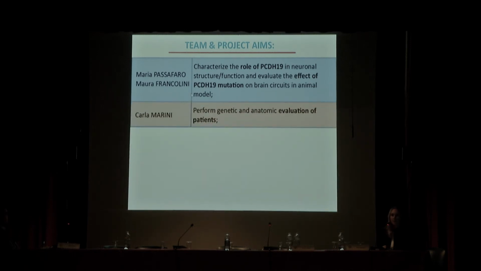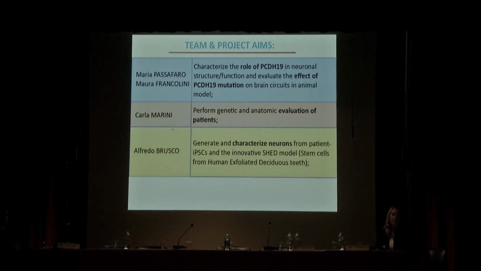The second task aims to perform genetic, neuropsychological, and neuroradiological evaluation of patients. This task is performed by Carla Marini's team. And the other one is to generate and characterize the disease-relevant cells from patient-induced pluripotent stem cells and the innovative stem cells from human exfoliated deciduous teeth model, and this task is led by Alfredo Brusco.